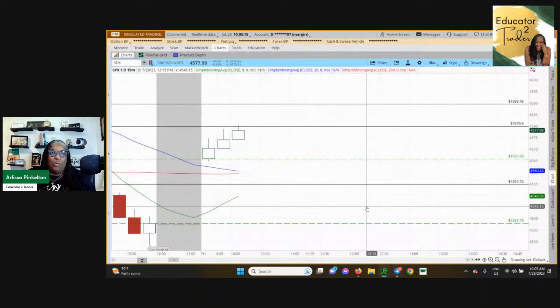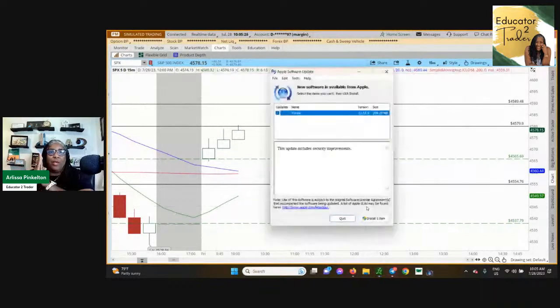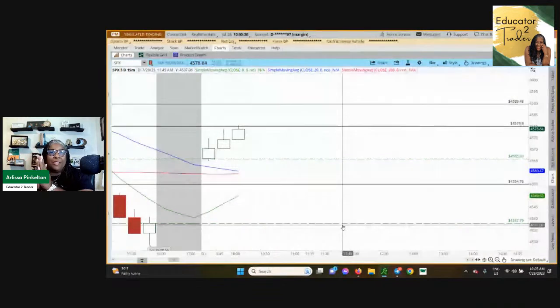The whole point for sellers is that we want to expire worthless for the most part, because in my community we trade SPX and XSP. So we want it to expire worthless at the end of the trading day. The longer we can go into the trading day and still capture reasonable premiums, which we're usually shooting for 10%, the better.